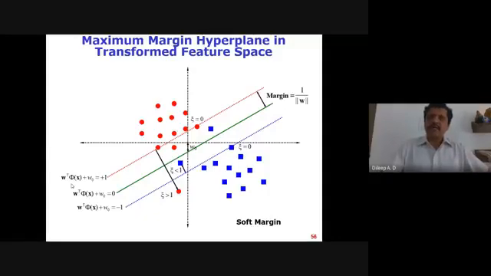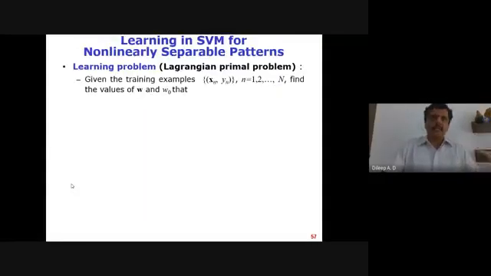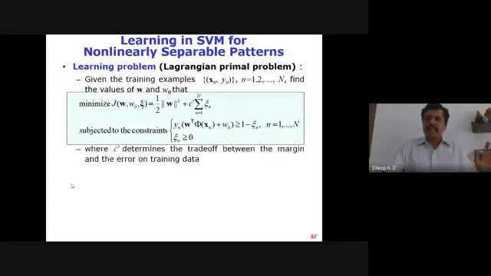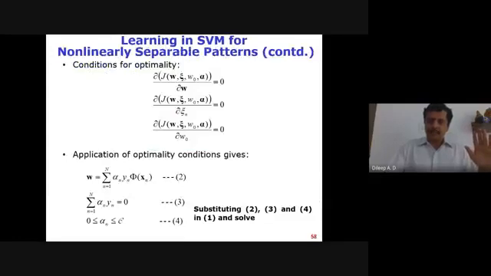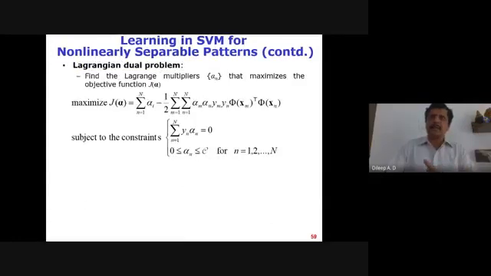It is the same technique we discussed just a few minutes before. The only difference is that I'm changing all x into phi of x. That's a new representation, and the rest of the things are the same. I'm skipping this because it's exactly the same as what we just did for the linearly non-separable cases.